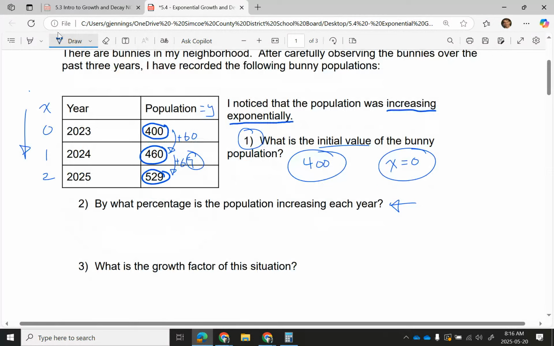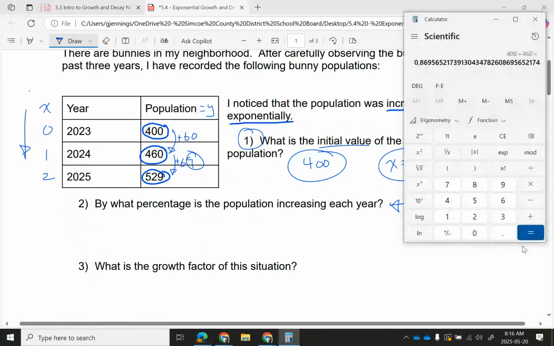I think you got 0.86. If I do 400 divided by 460, I will get 0.869, so 0.87. Times 100, that would be 87%.